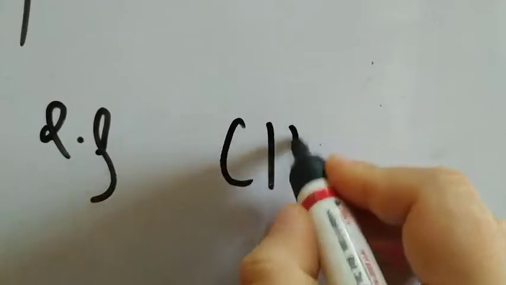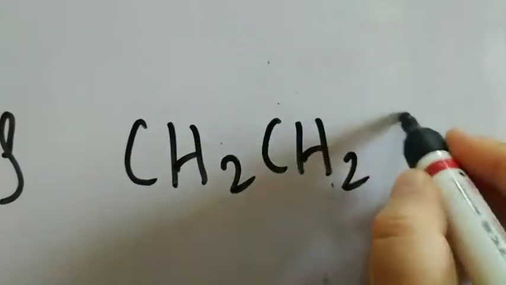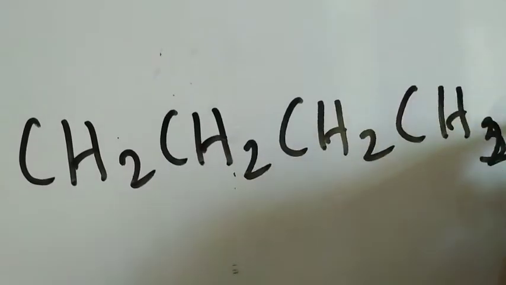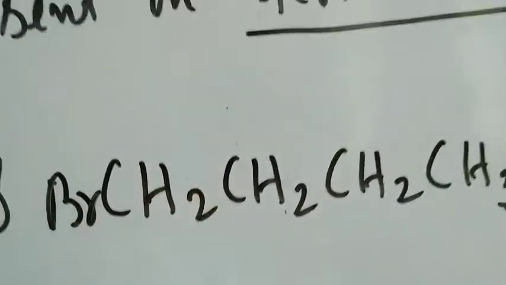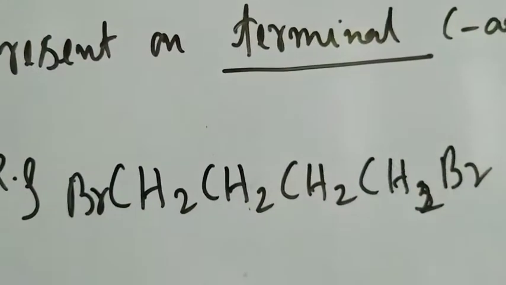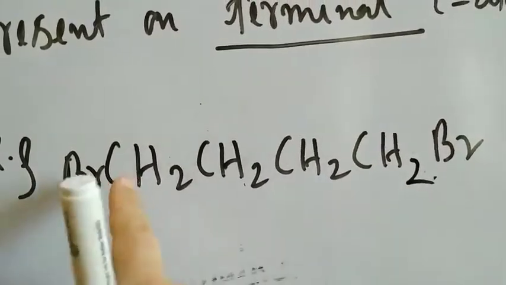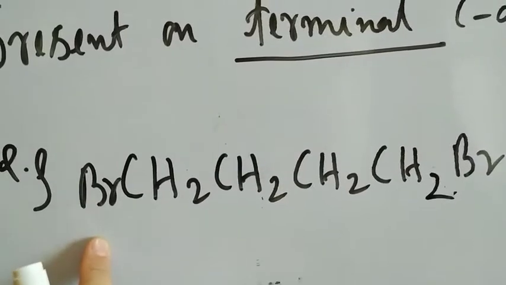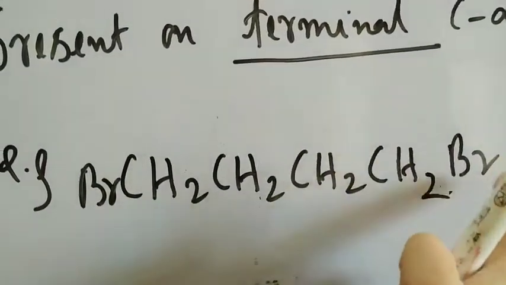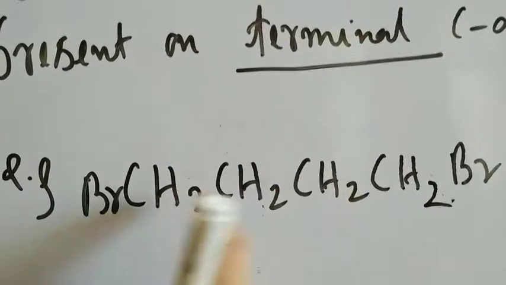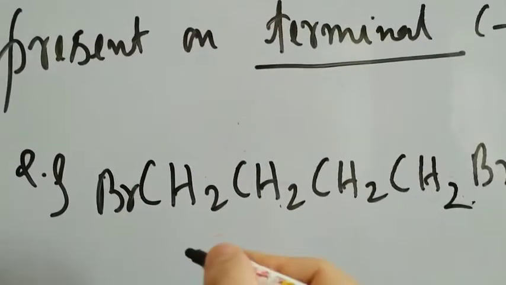For example, very simply I'll write down the example: CH2CH2CH2CH2BrBr, that is, Br-CH2-CH2-CH2-CH2-Br. This was 1, 2, 3, 4. This was a molecule of butane. The parent hydrocarbon here is butane, in which we have replaced one hydrogen here by a bromine atom, one hydrogen here, so that in this molecule the two halogen atoms are present on terminal carbon atoms. Therefore, what is the name?